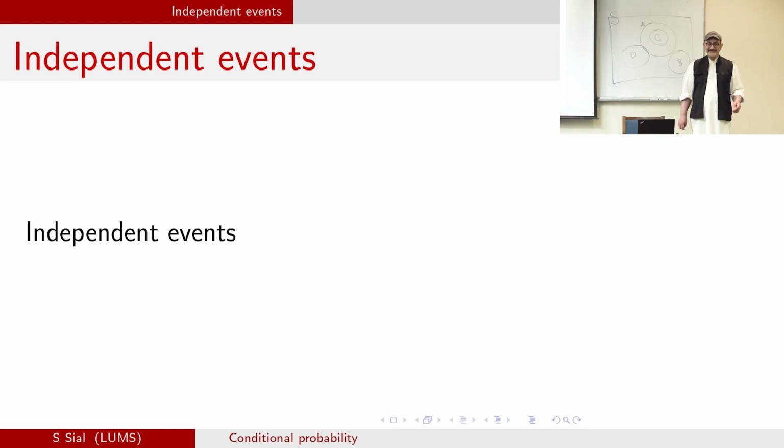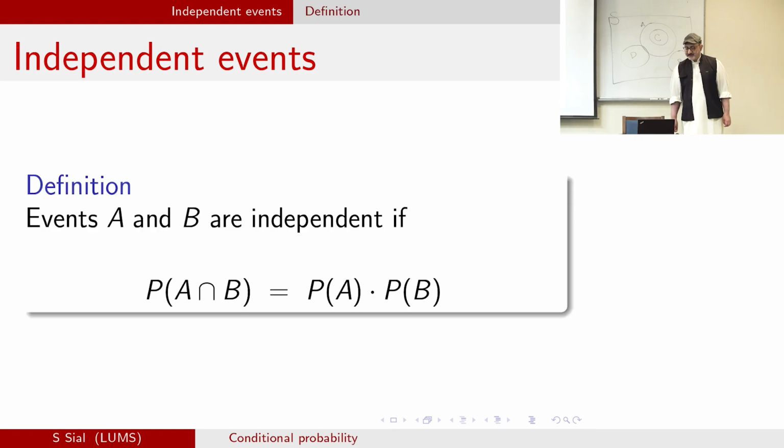Now a new terminology: independent events. Events A and B are independent if the probability of A intersection B is the probability of A times the probability of B. We'll connect that to conditional probability in a minute.